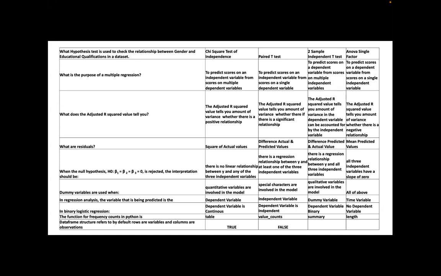Not B. C. The amount of variance occurring in the dependent variable can be accounted for by the independent variables. C is the answer. Next question.